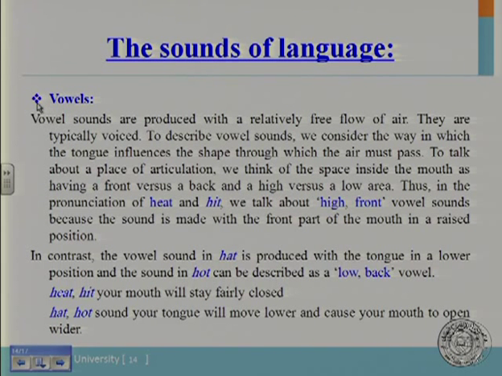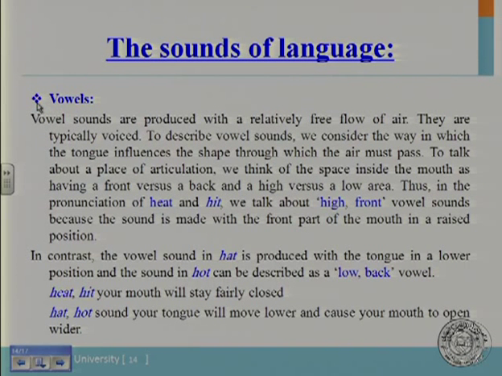That's why when I say heat or hit, it means that the tongue is high and front. Now, in contrast, we have the vowel sound in, for example, hat.